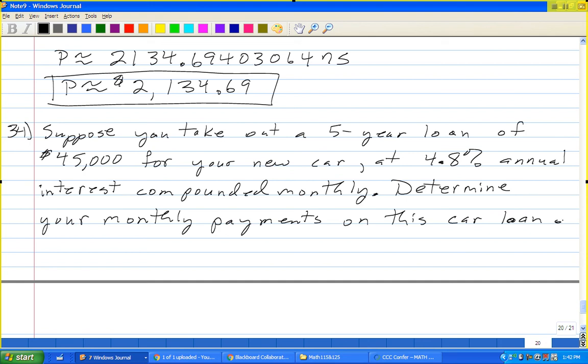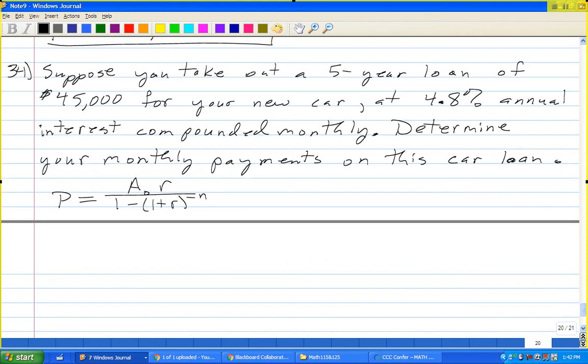Okay, so let's do that. P equals A0 R over 1 minus (1 plus R) to the negative N. So A0 is 45,000.